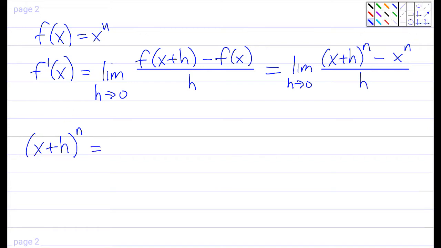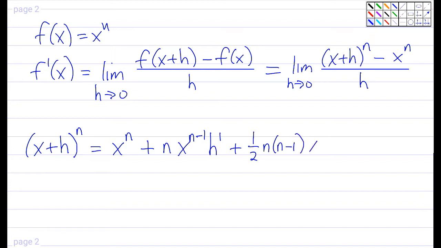And it says, first, write x to the n. Next, reduce the power of x by 1 and multiply by h to the 1. And then the binomial theorem also tells us that we get a number in front, n. The next term looks like this, 1/2 n minus 1.